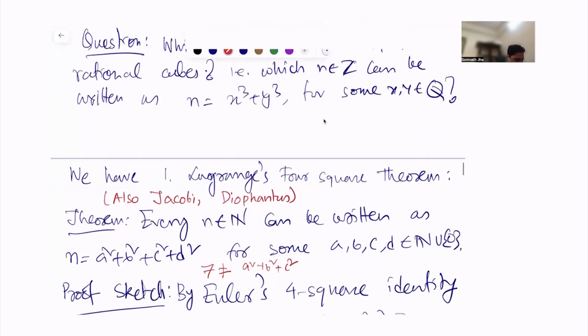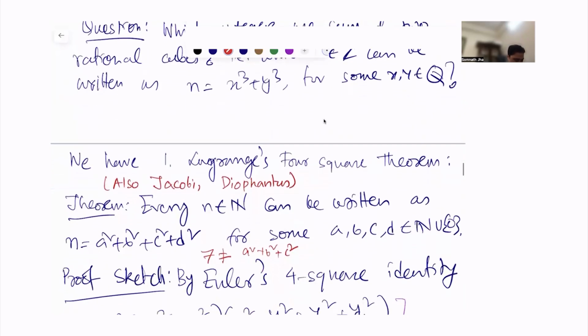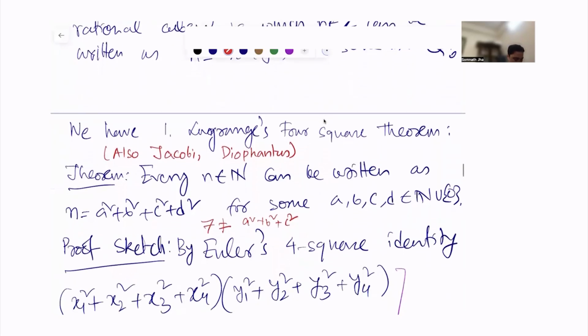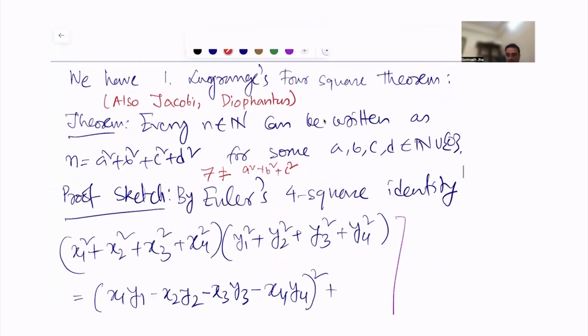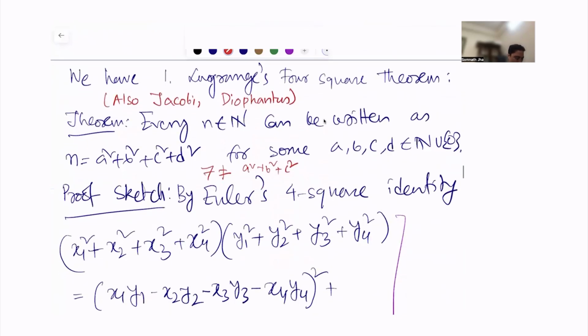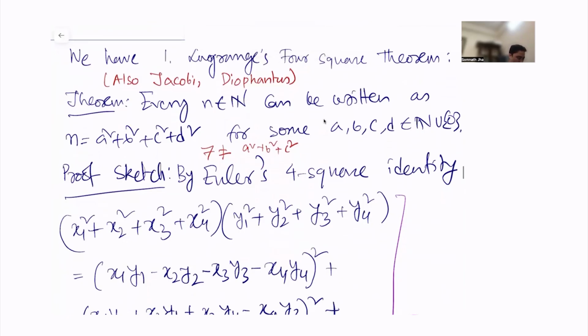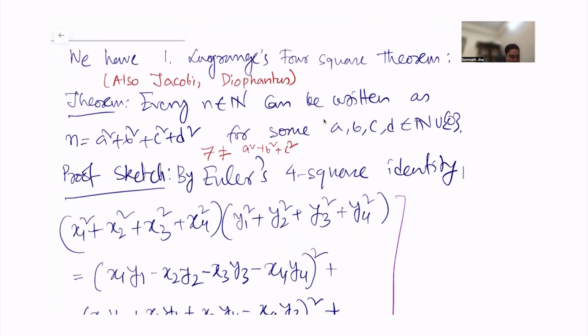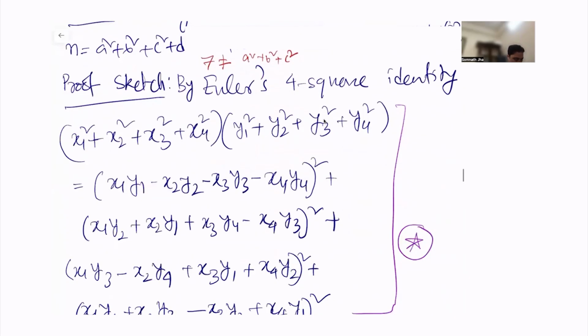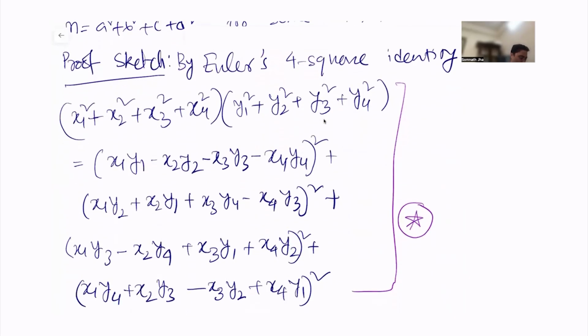Okay? And the proof sketch is by Euler. So the main idea of the proof is Euler's four square identity and a descent argument. Euler's four square identity says that if you have x1 square plus x2 square plus x3 square plus x4 square, a product of two sums of four squares, then it is again a sum of four squares.